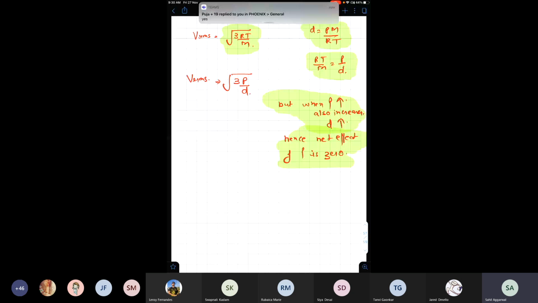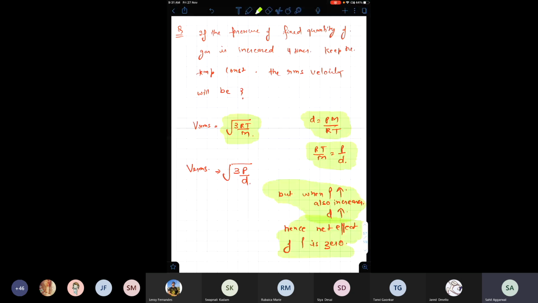Relation भी है और effect भी नहीं होगा. क्यों effect नहीं होगा? Because when pressure increases, density also increases. So net effect remains same or zero. Understood. All of you understand?